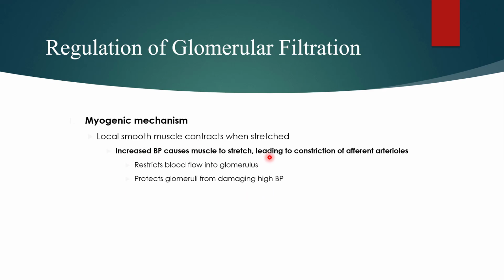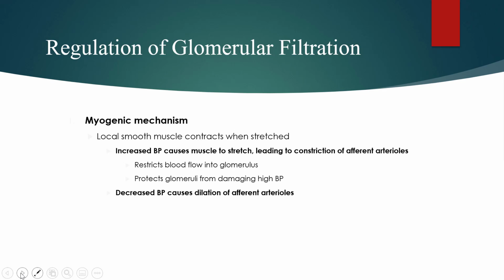So if a person suffers from hypertension, and it causes the smooth muscles of the blood vessels to stretch out, it will automatically signal the mesangial cells to constrict, and that point of constriction will restrict the blood flow into the glomerulus, thus preventing too much pressure accumulating in the glomerulus.